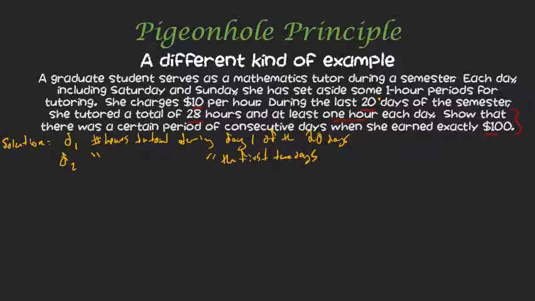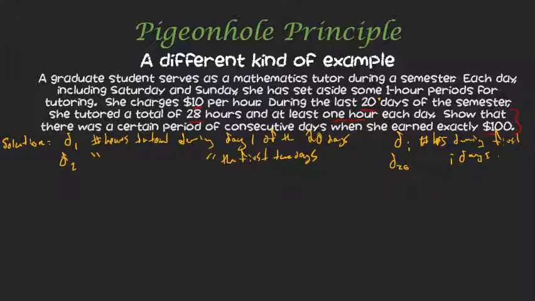And so on. So in general, D sub i will be the ith running total, the number of hours she tutored during the first i days. And since this is just over 20 days, D sub 20 would be my last one, and that's the total amount she worked over the last 20 days.